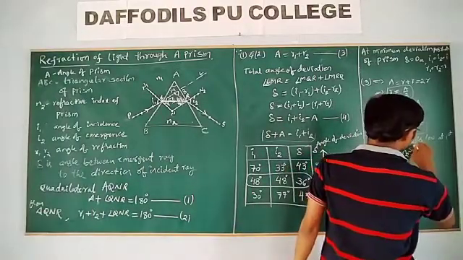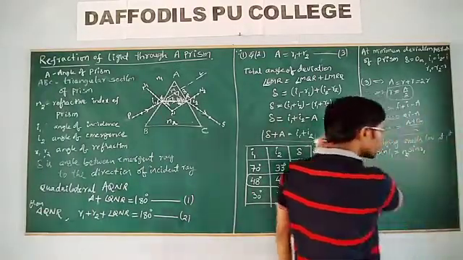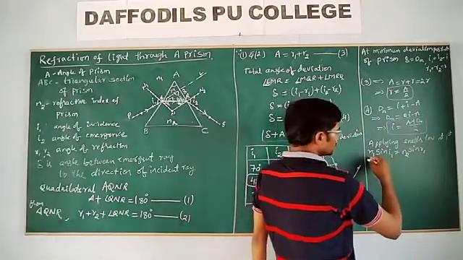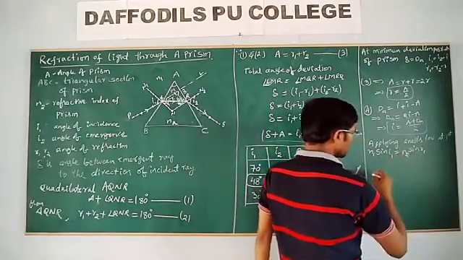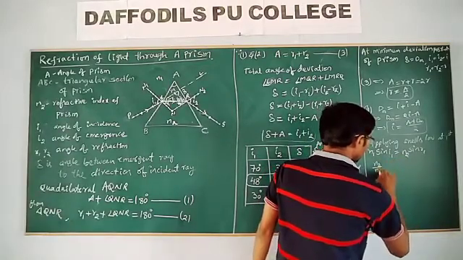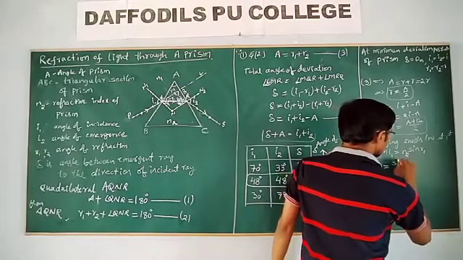Now let me take this n2 to this side and sin i1 to this side: n2 by n1 is equal to sin i1 by sin r1.